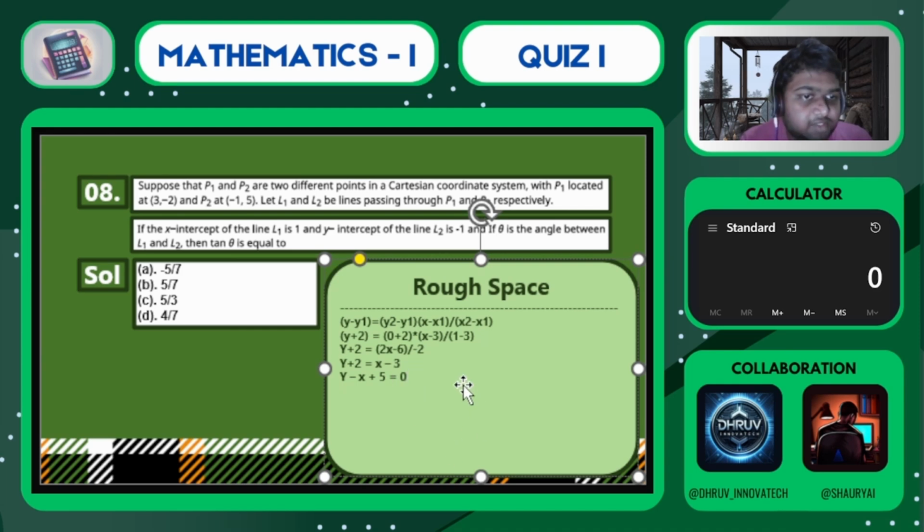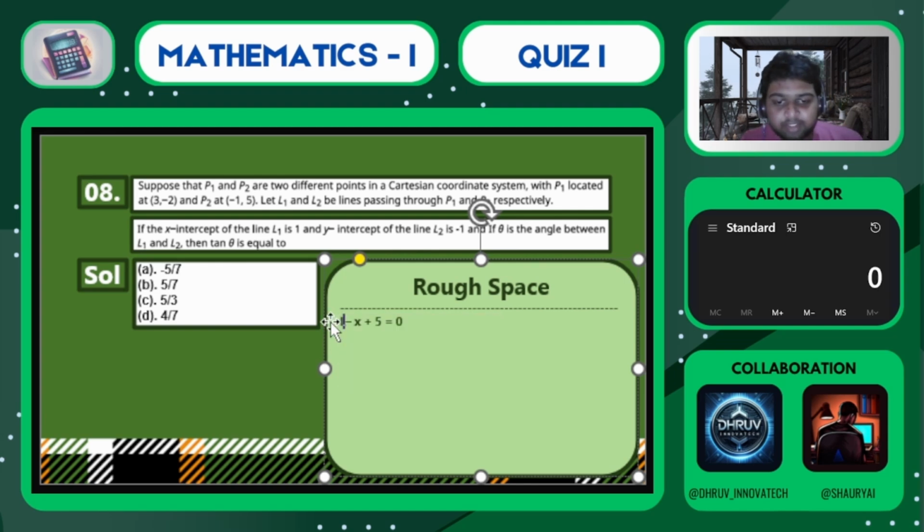After solving the equation, we get the first line's equation as y equals x minus 5. Let's write it as L1.